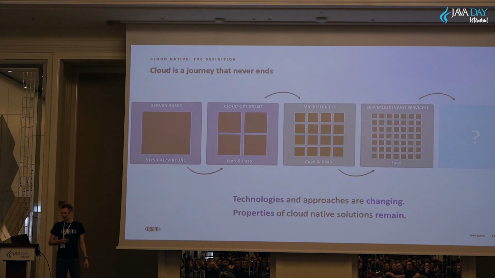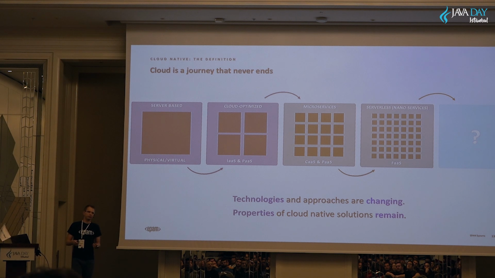As you know and understand, the cloud journey never ends. The technologies which we are using change all the time, but cloud native and its properties, the quality attributes of cloud native, remain. And as you remember, we started with virtual machines.